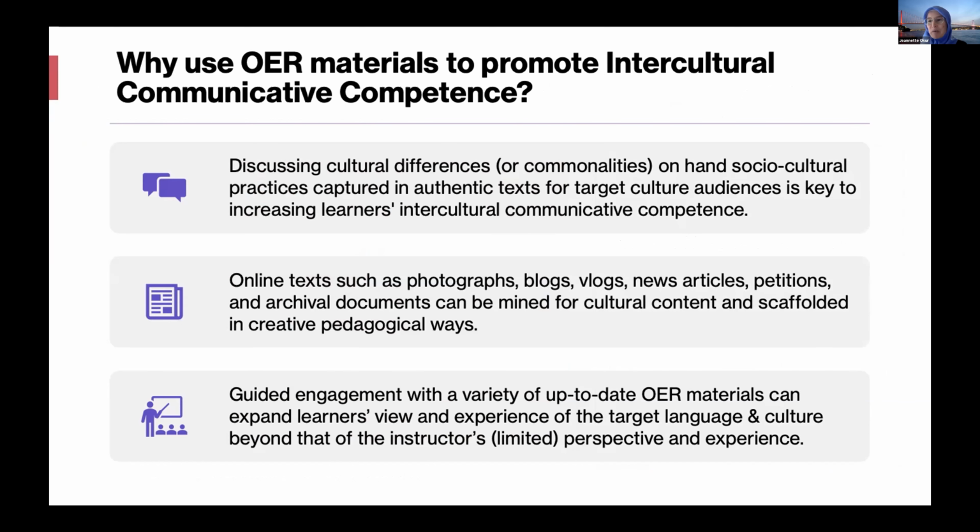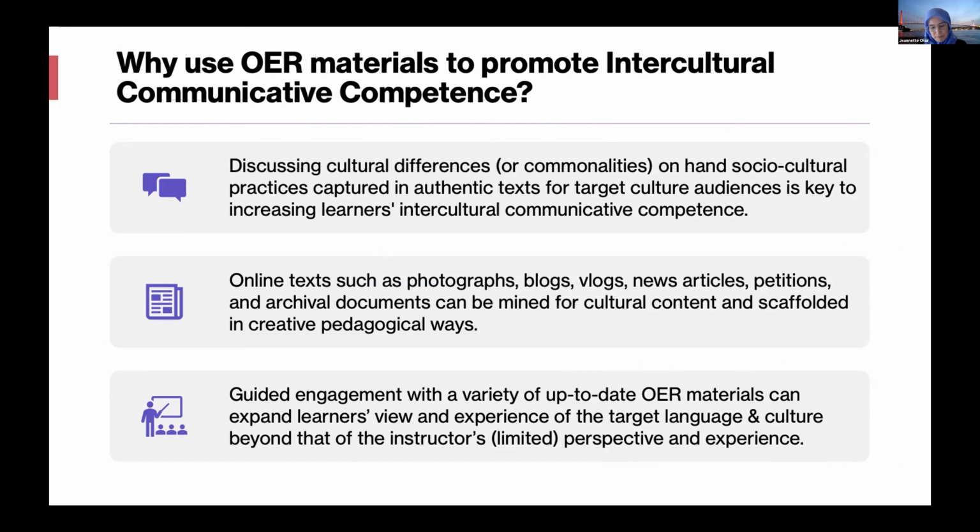So now we'll put the two together: why use OER materials to promote ICC? I argue that discussing cultural differences or similarities in socio-cultural practices that are captured in authentic texts written for target cultural audiences is key to increasing learners' intercultural communicative competence. Nothing new, we all know this, but it's especially key at the intermediate and advanced levels, I would argue.